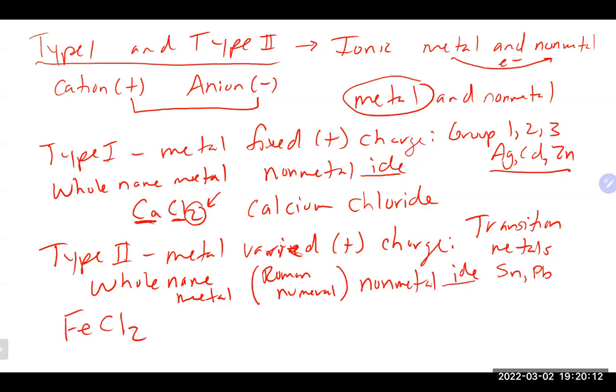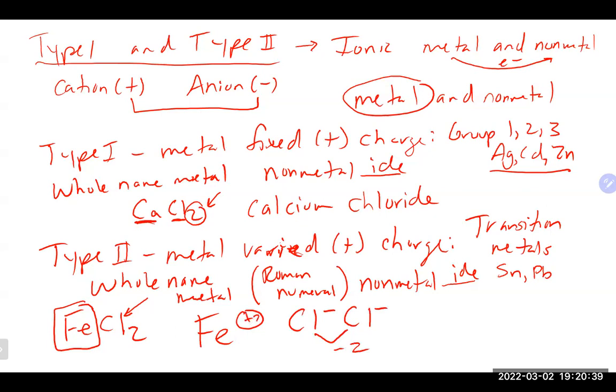So if we had FeCl2, when we look at this, Fe is iron, which is a transition metal. So that automatically should signal to you that you need to figure out the charge. So we'll go, okay, I don't know what the charge is. As we talked about, you will always know what the charge is on what it's bound to. So that is Cl, which is group 7, and it has a -1 charge, and there are 2 of them, which gives us a grand total of -2.